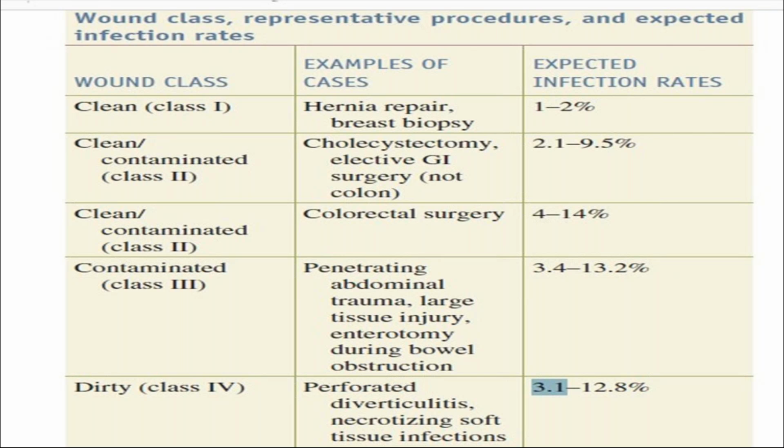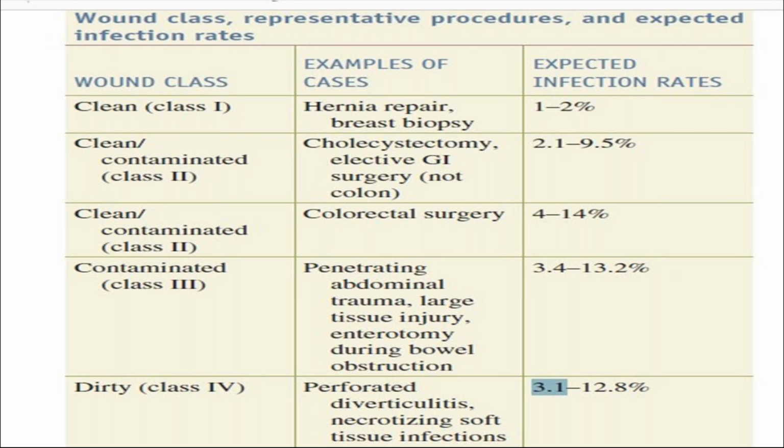So class 3 is contaminated wounds. For example, penetrating abdominal trauma or large tissue injury or enterotomies during bowel obstructions or any tumor growth. So all this comes under class 3. So the expected rate of infection is 3.4 to 13.2%.